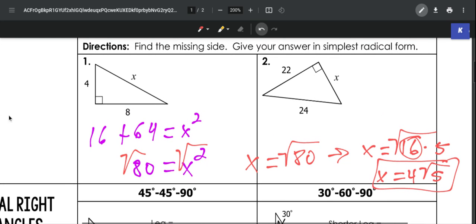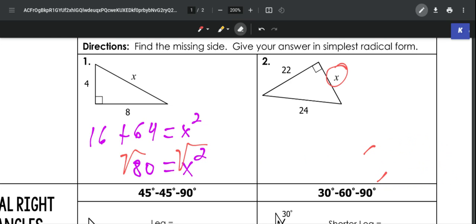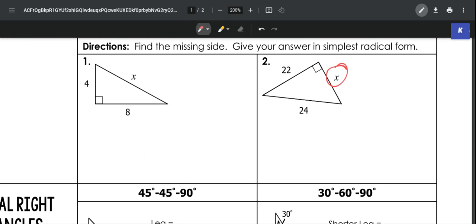And then the only difference between this and number 2 is that number 2 leaves out a leg. So I'll go ahead and do that one with you real quick just so you can see it. The only thing that changes here is they leave out a leg. So now x here, the side that's left out, is a leg instead of the hypotenuse. This hypotenuse, which is the long, diagonal looking side, is going to be c squared.